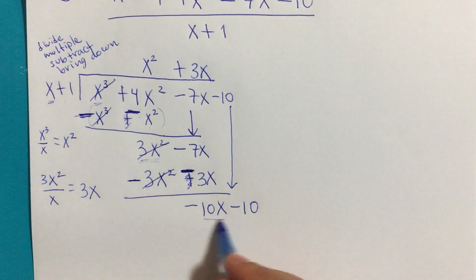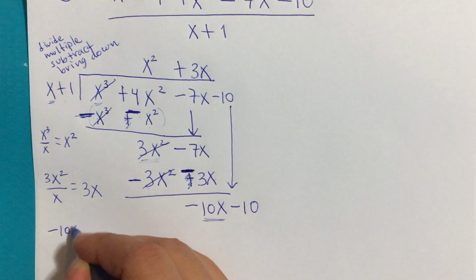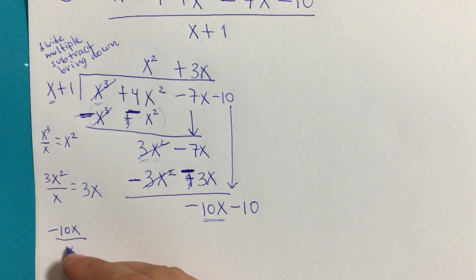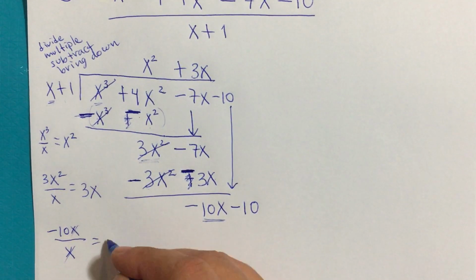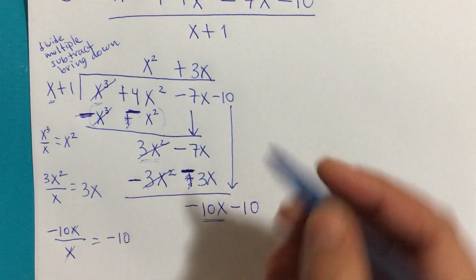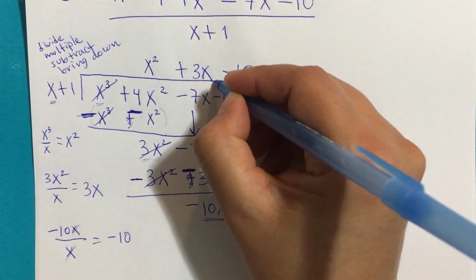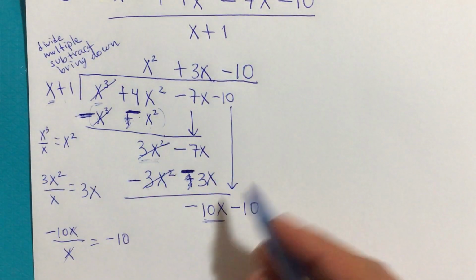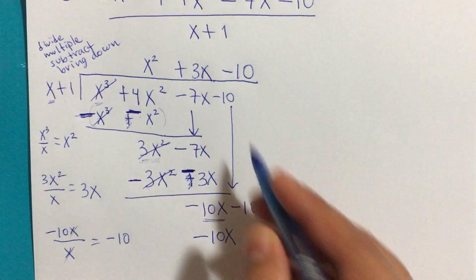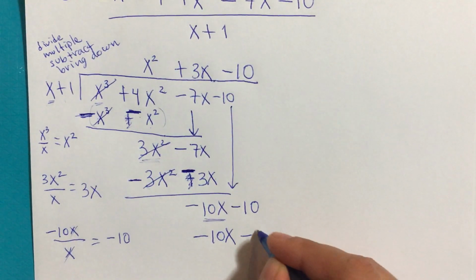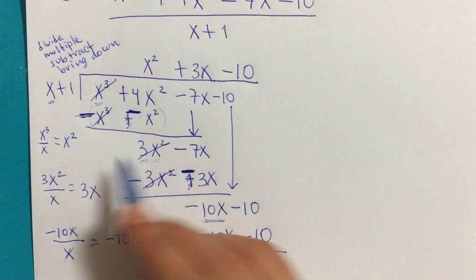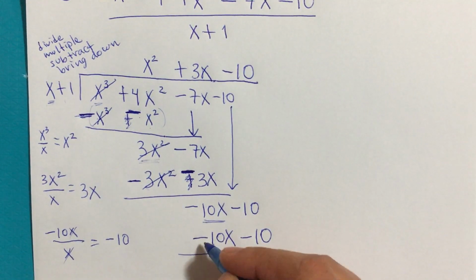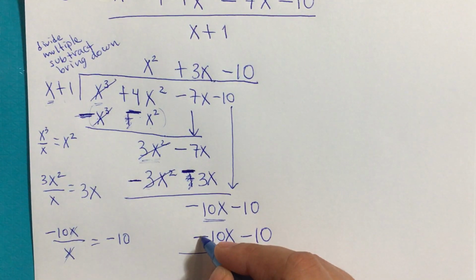Now we divide negative 10x divided by x. The x cancels and I only have negative 10. I put it up here. And negative 10 times x is negative 10x. Negative 10 times 1 is negative 10. Again, the next step is to subtract. What does the subtraction do?